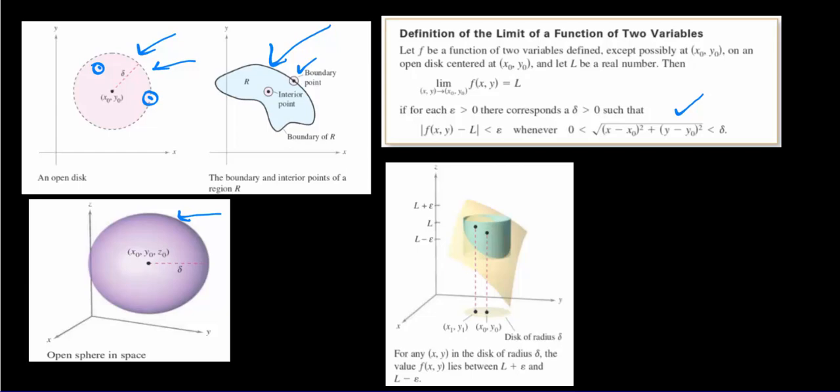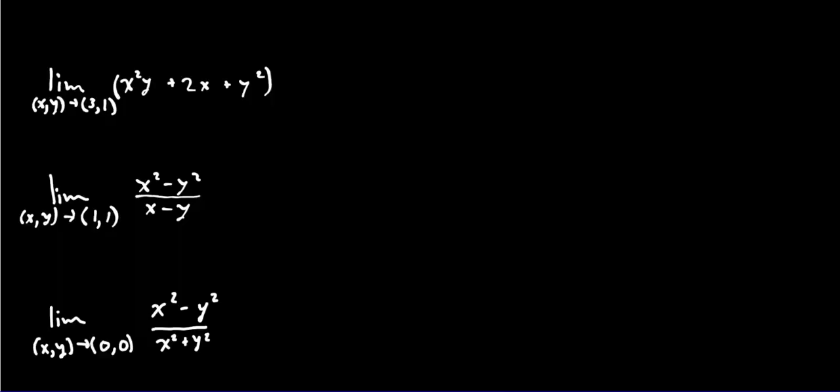Now, so how do we evaluate limits? I've written some limits here to help you to see what the procedure would be. Remember in Cal 1, evaluating limits a lot of times is really easy. If you look at this first one, there's no reason to think that this limit wouldn't exist. And by the way, this is a polynomial: x squared y plus 2x plus y squared.